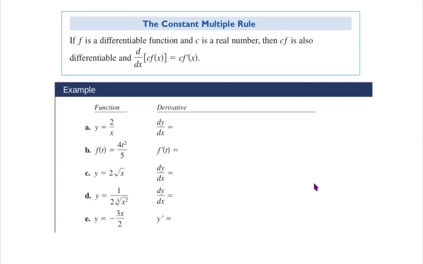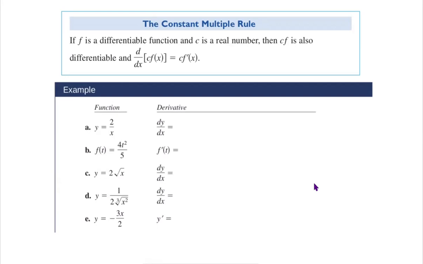And once a function is differentiable, we can find its derivative. The derivative of c f of x is c f prime of x. All you want to do is, if this function is differentiable, then I can bring the c to the outside, calculate the actual derivative of the function, and multiply the result by c.